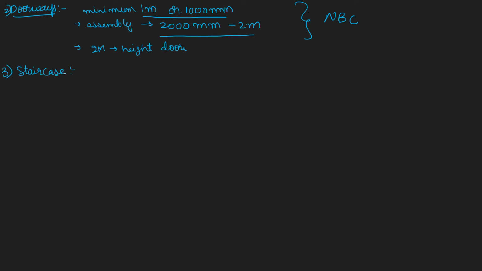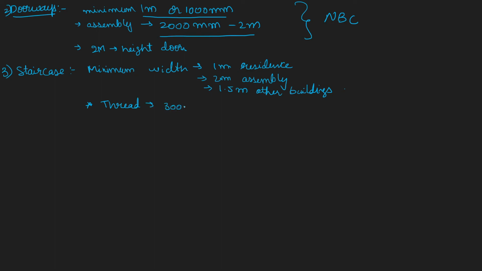Next, we'll discuss staircase. What type of staircase is to be provided? What are the standards for staircase designing? Minimum width should be 1 meter for residence, 2 meters for assembly, and 1.5 meters for other buildings like schools and education buildings. The tread should be 300 mm and the riser should be 150 mm.